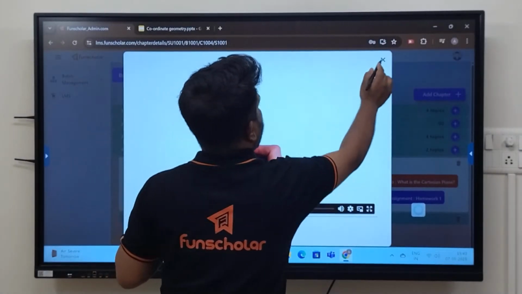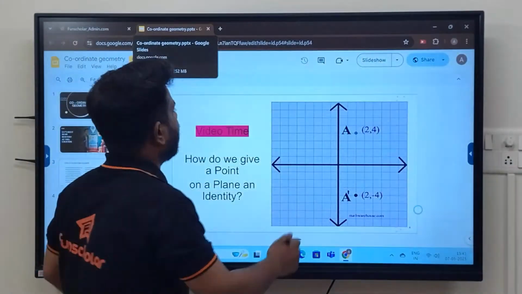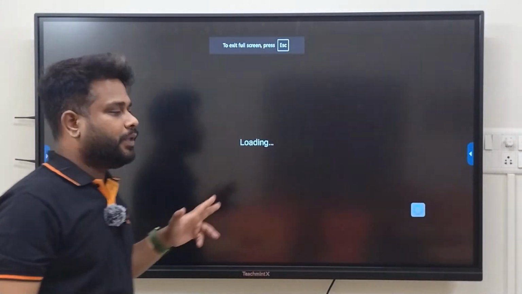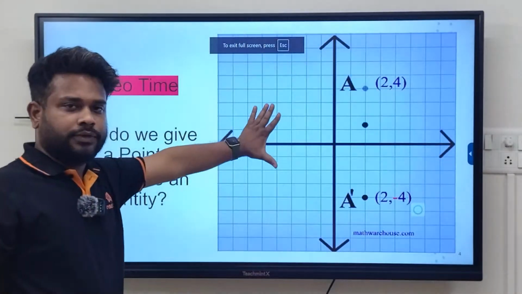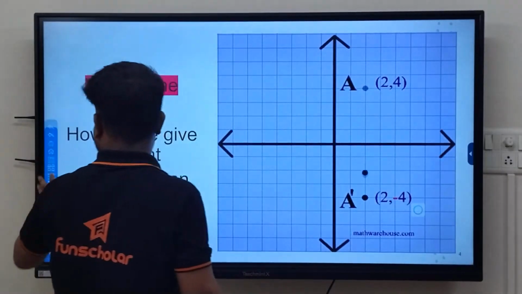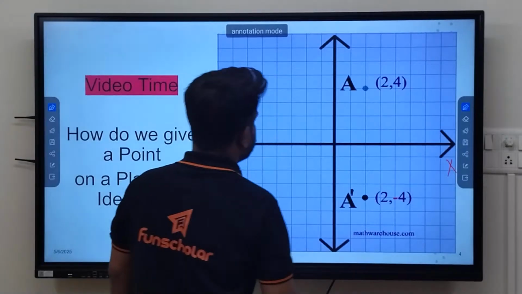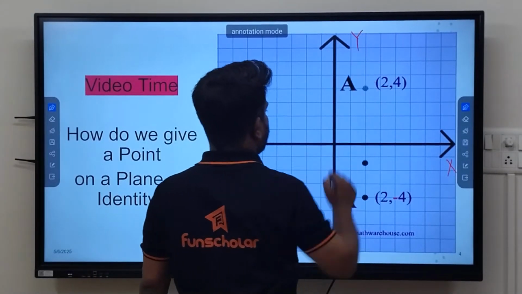So we have learned from the video what the axis means. In this figure, this one will be called the x-axis and this will be called the y-axis.